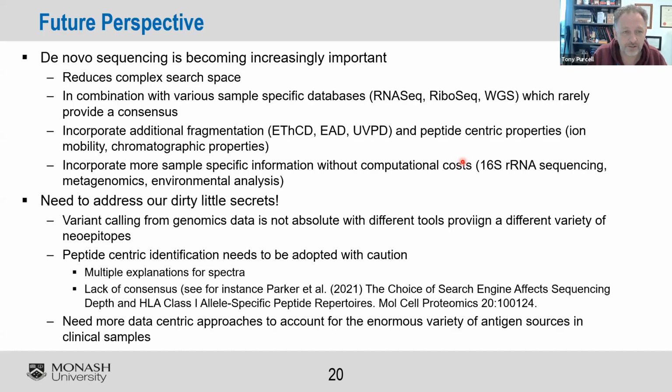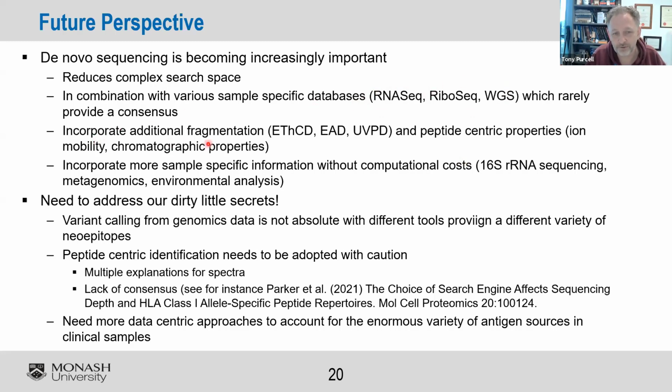I won't dwell on this too much, but the key message is that de novo sequencing is becoming increasingly important in these workflows, and we're using it in combination with sample-specific databases provided from various genomic approaches.